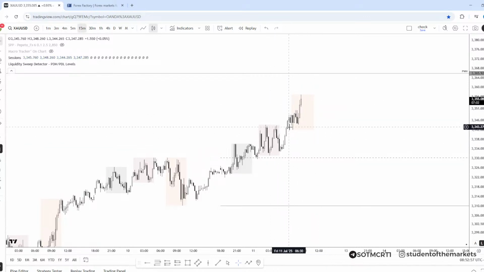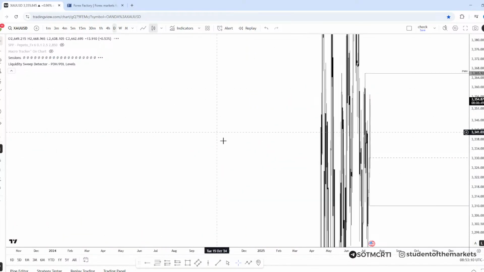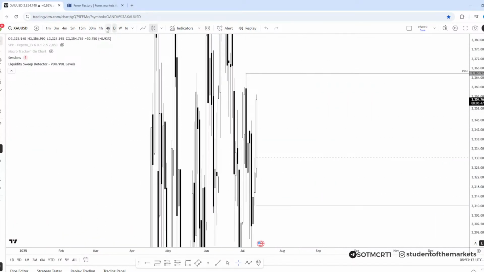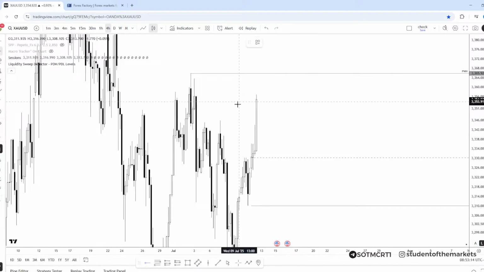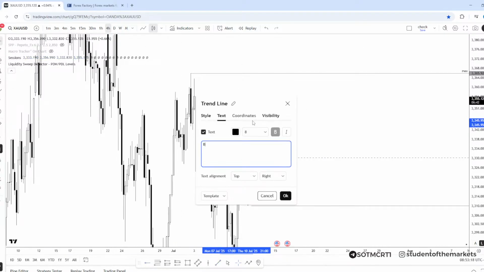Now price is in a bullish trend, so at this point I will have to wait for price to show me willingness to go down, because we're trading above the previous daily high, pushing into the buy side liquidity. So we did sweep the buy side liquidity right here. Right at this point, this was a buy side liquidity.